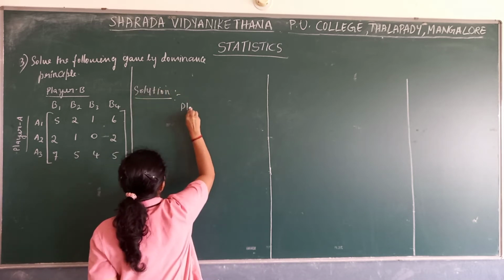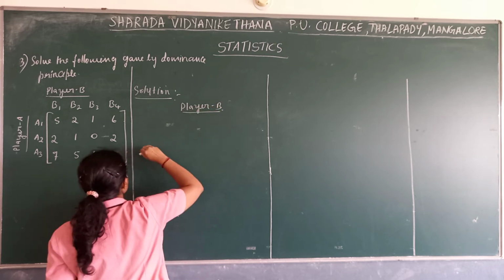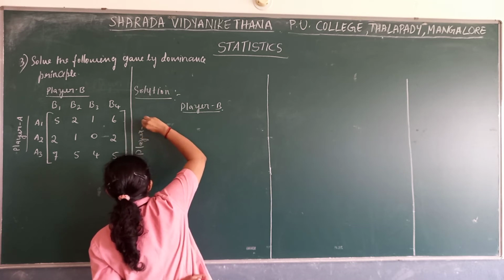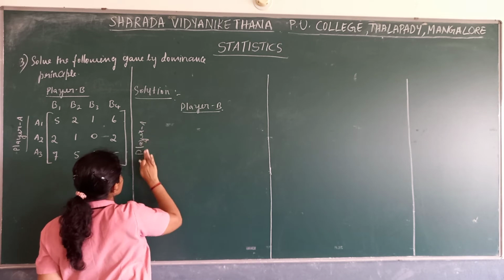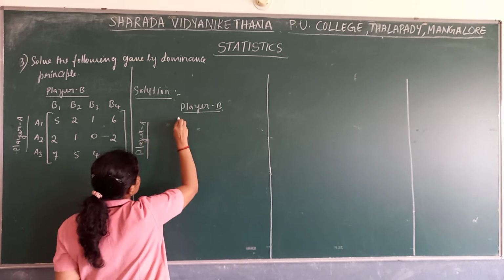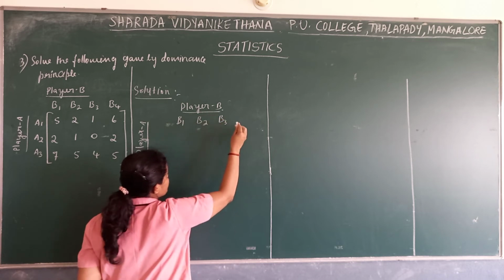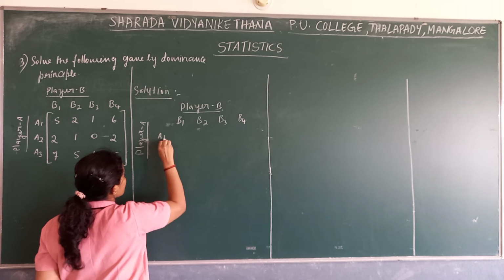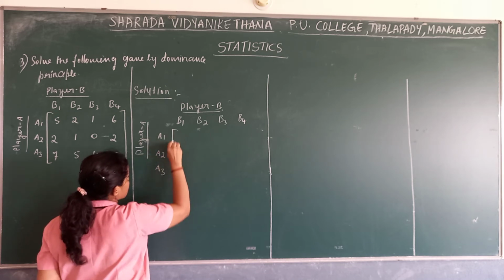Player B, and this side player A. B1, B2, B3 and here B4, then here A1, A2 and A3.